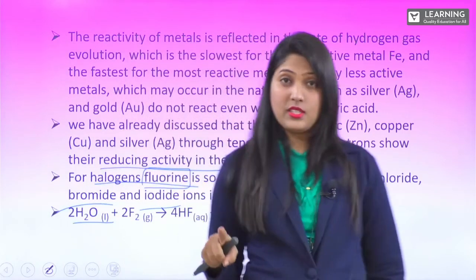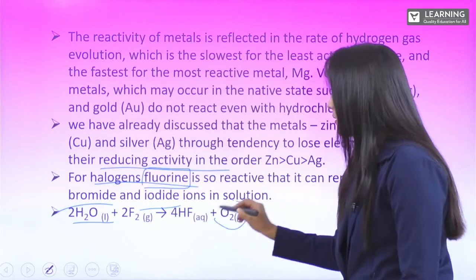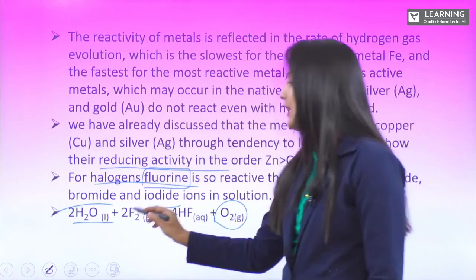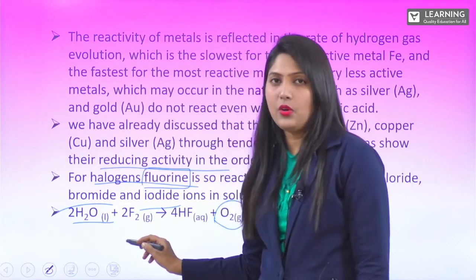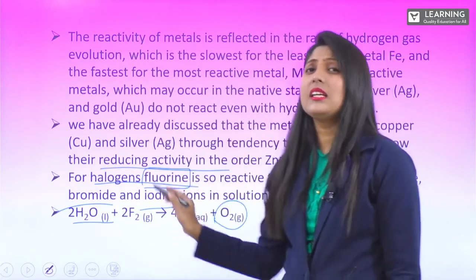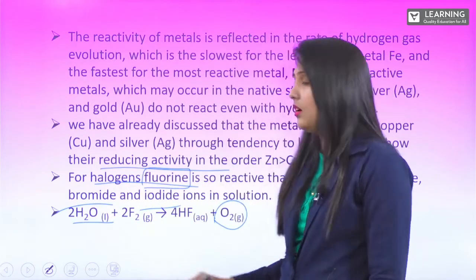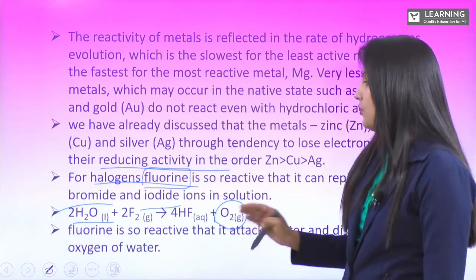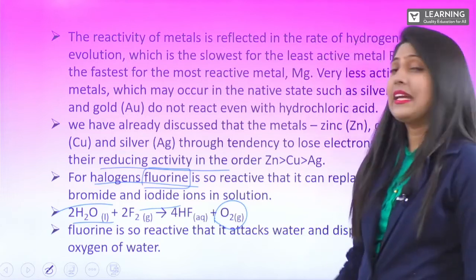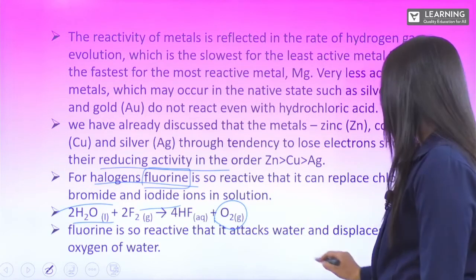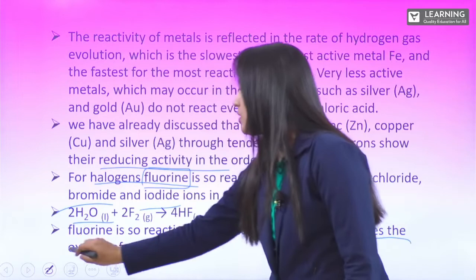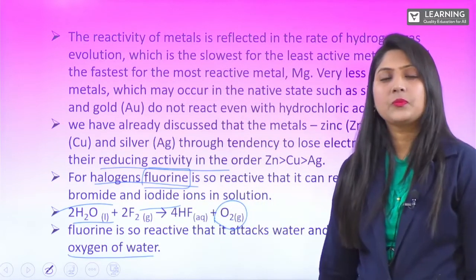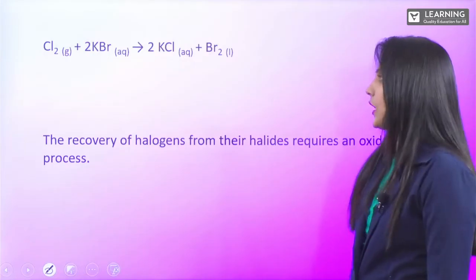Here hydrogen is not removed, oxygen is removed, because of the electronegativity of fluorine compared to oxygen. So fluorine displaces oxygen, as fluorine is more reactive than oxygen. Fluorine is so reactive that it attacks water and displaces oxygen from water. Hope you understand this? Good.